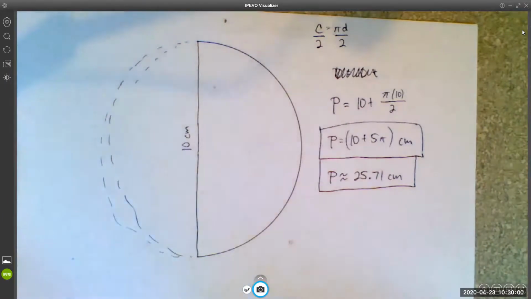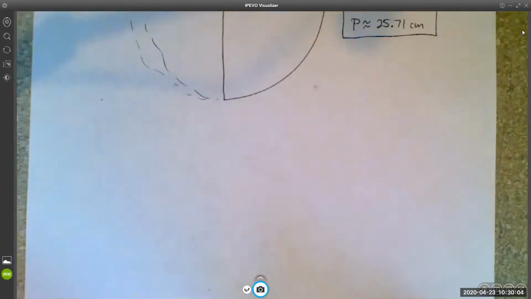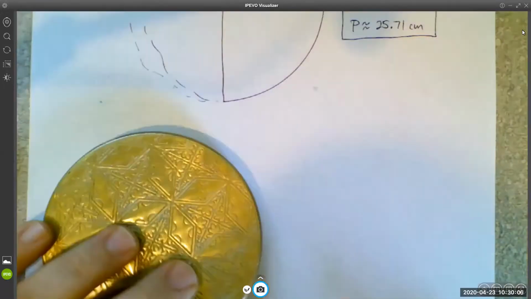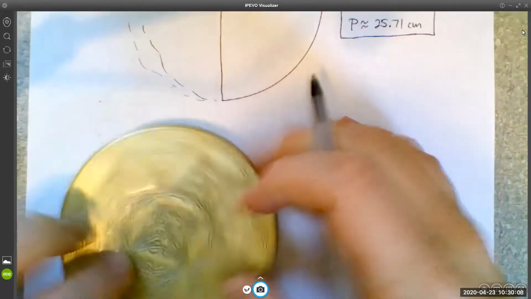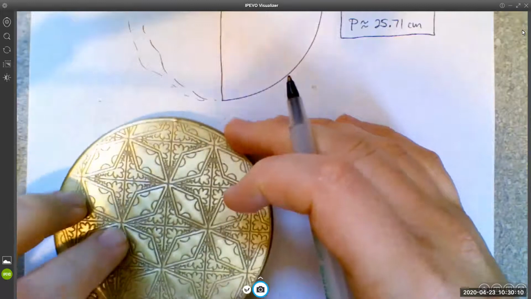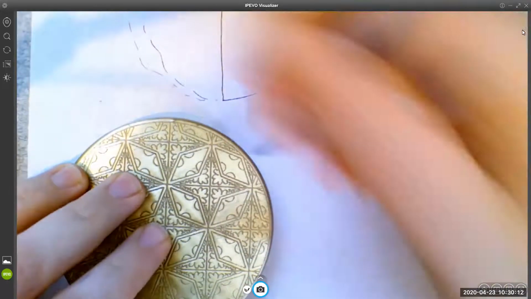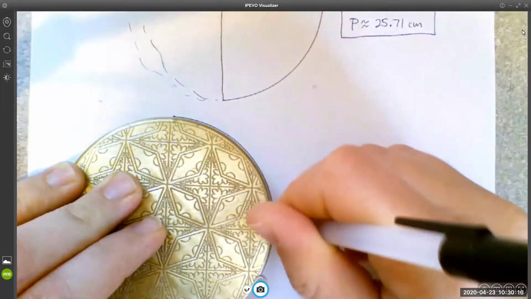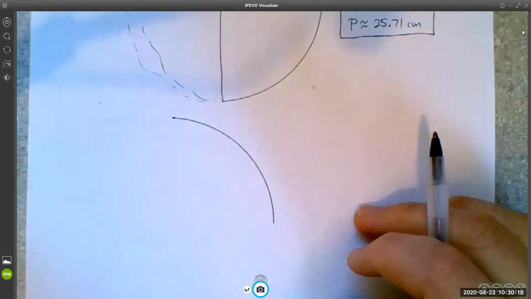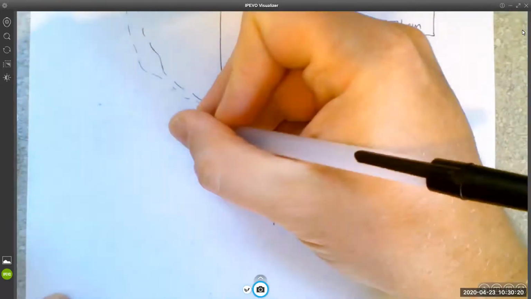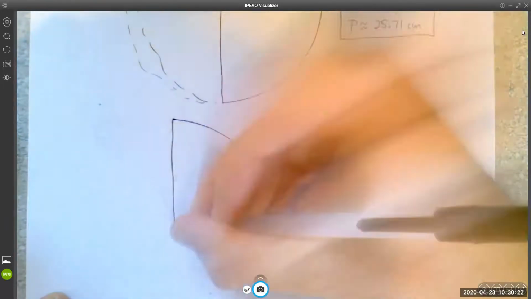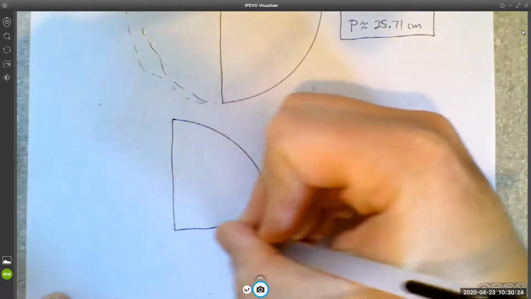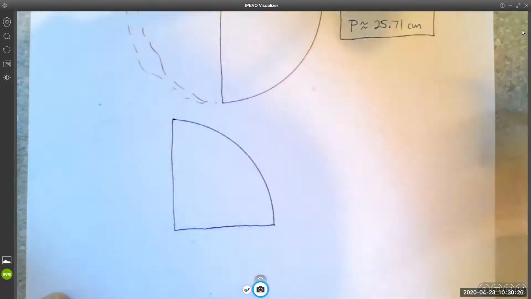So let's do another one kind of similar to that. Let's say this time that instead of having a full circle or a half circle, we have a quarter circle. So a quarter circle, like that.